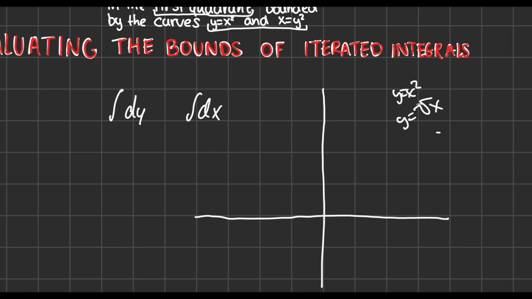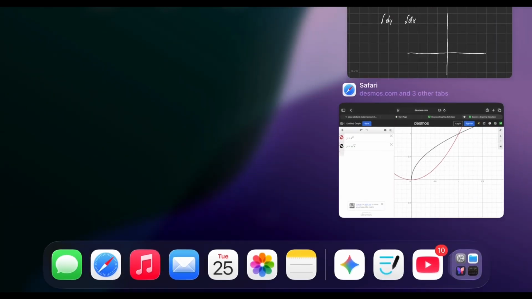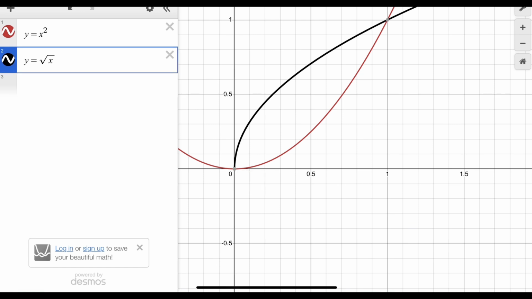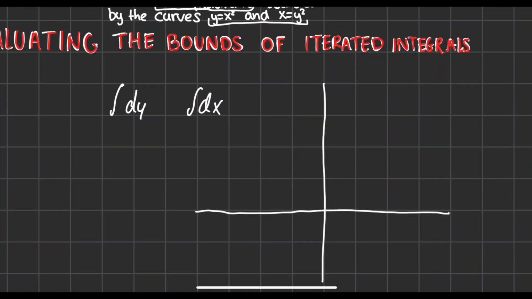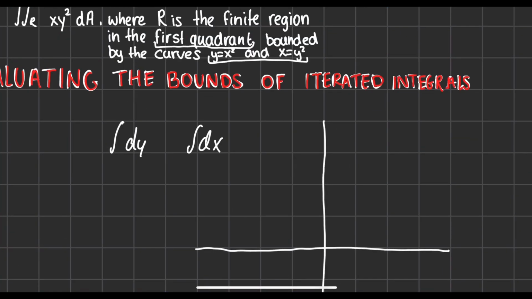So your intersections are (0, 0) and (1, 1). So horizontally, the lower bound would be 0, and the upper bound would be 1. So we found the bounds for dx.